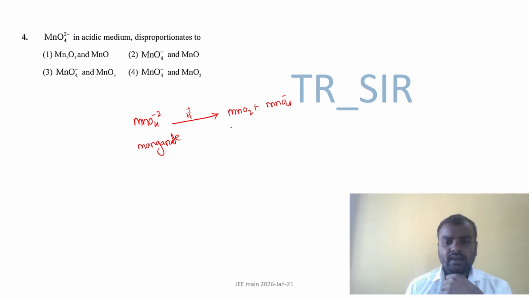This is manganese dioxide, and permanganate is formed. So MnO4 minus and MnO2. Option 4 is the right answer for this question.